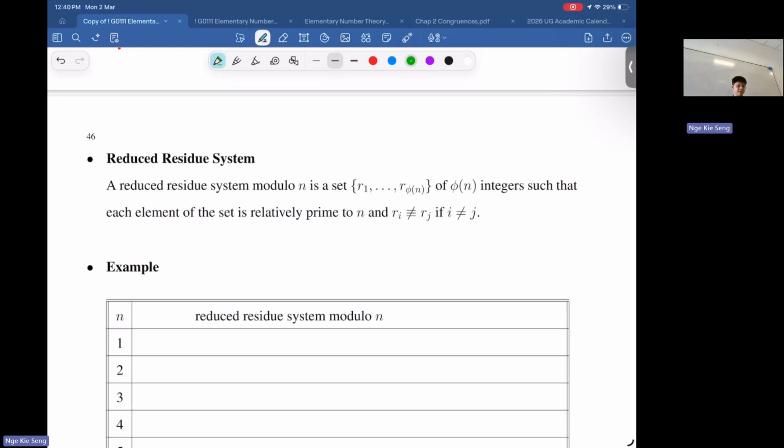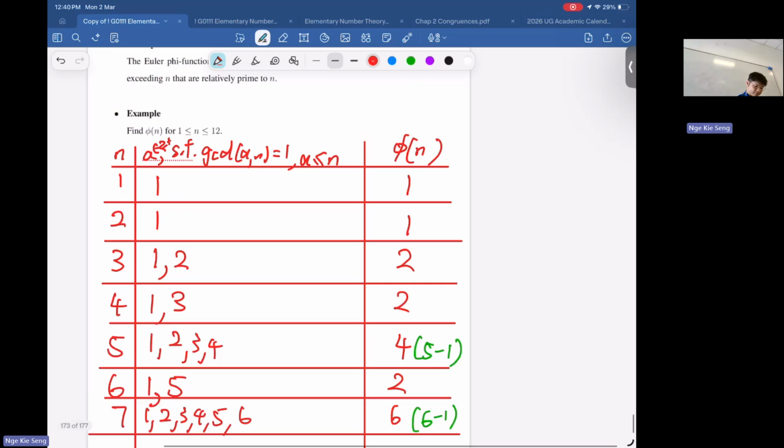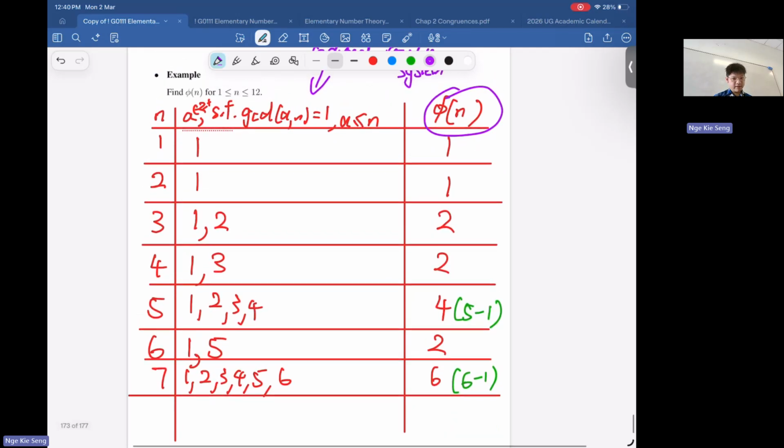So these are the reduced residue system, and there are phi n of them, such that each element of the set is relatively prime to n, and no two are the same. Does it make sense?